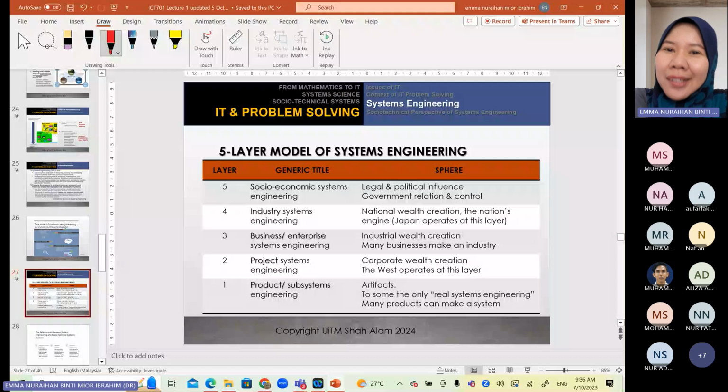Do you know that? Even their highest GDP is based on soft economy, not hard economy, although they are one of the biggest competitors of Japan at the industrial system engineering layer. But their soft economy also contributes more than 50% of its corporate wealth.